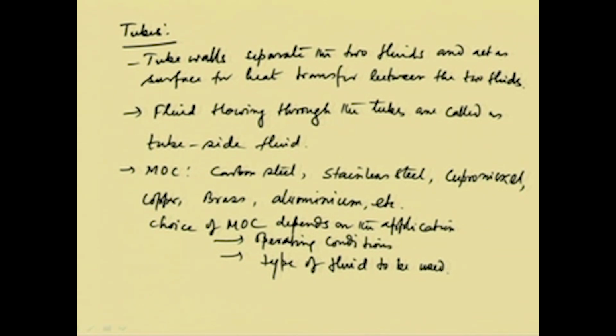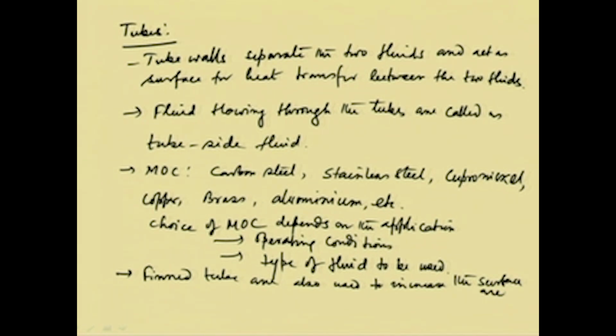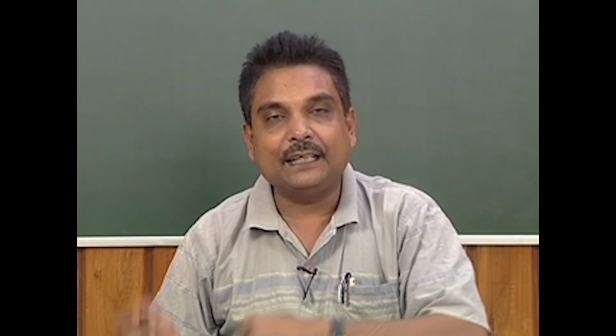Okay. Now, many a times fin tubes are also used. We have discussed previously, fin tubes are also used to increase the surface area, and this finning can be longitudinal fin tubes, it can be radial fin tubes.